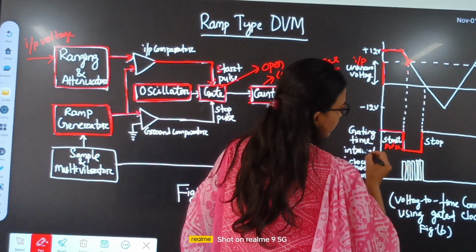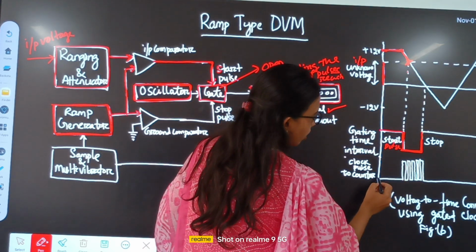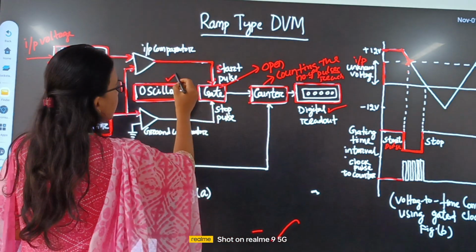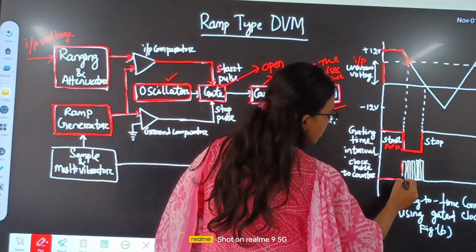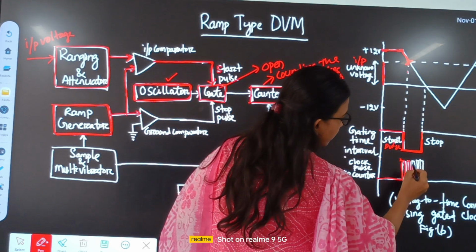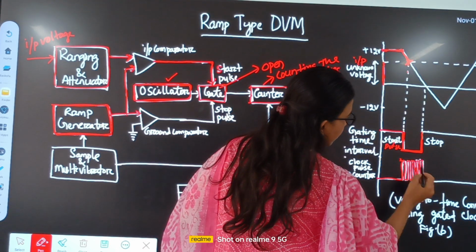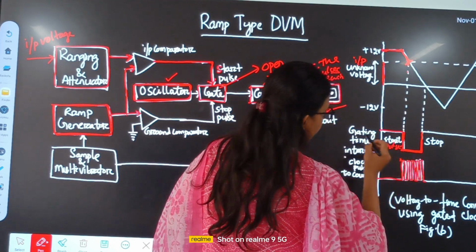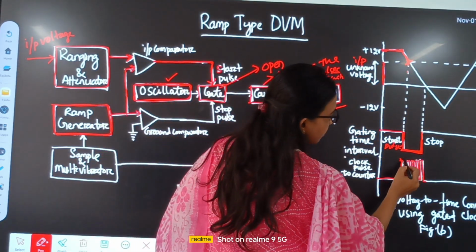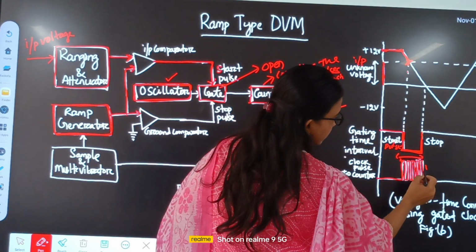At the time the gate is open, the clock pulses generated from the oscillator are passed. So these are the pulses being passed when the start pulse is given to the gate and the gate is opened.